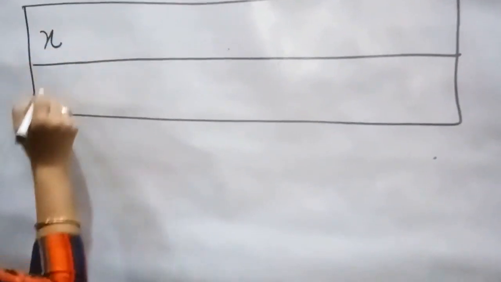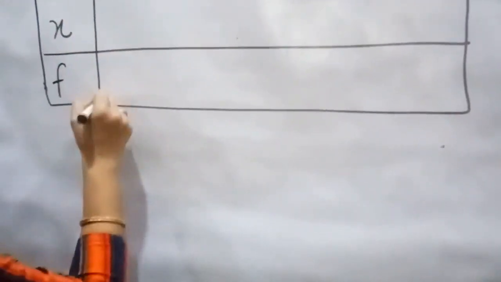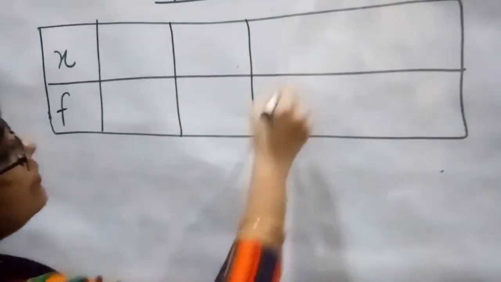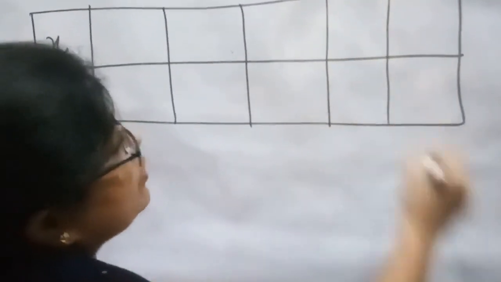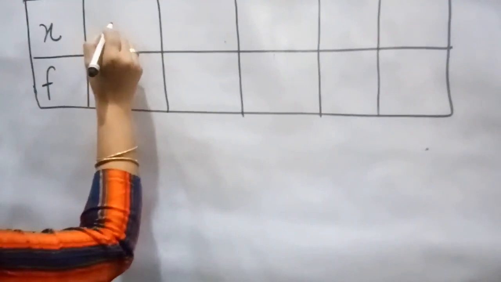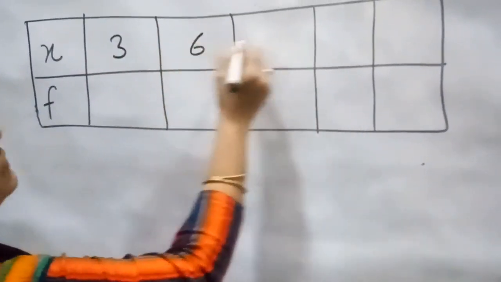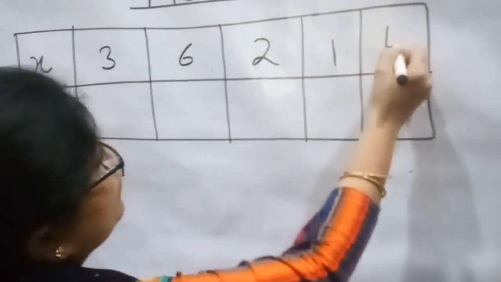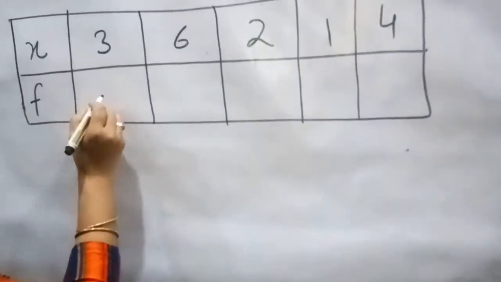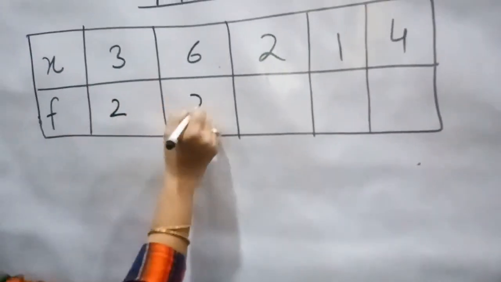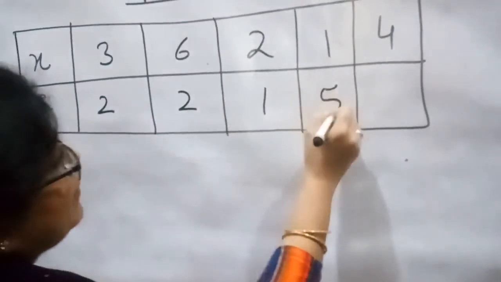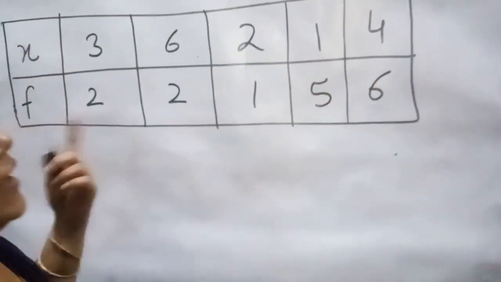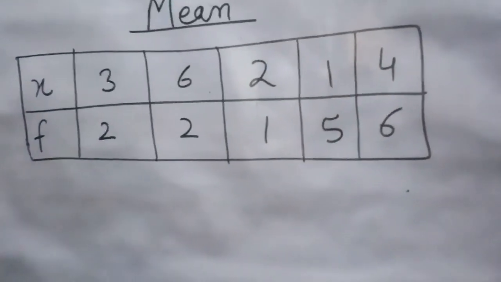It is written here x and here frequency. In this way we got the question in tabular form, and here for example we have 3, 6, 2, 1, 4, and here we have 2, 2, 1, 5, 6, and we have to find the mean.